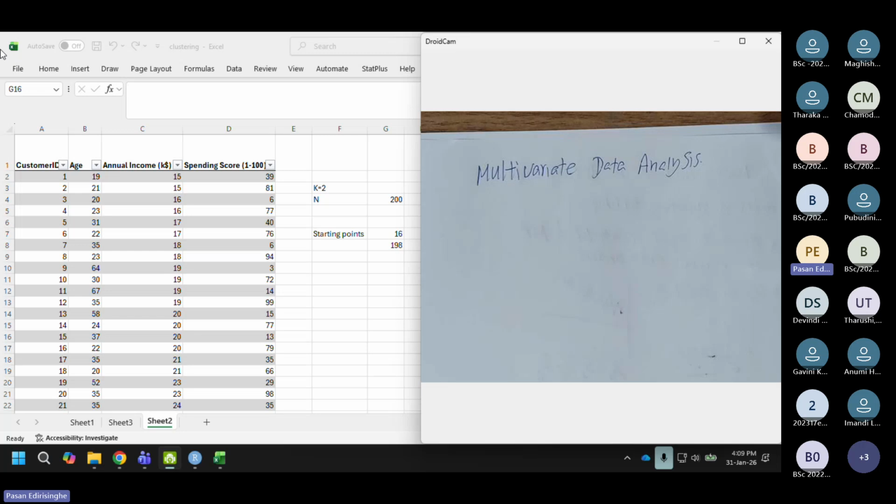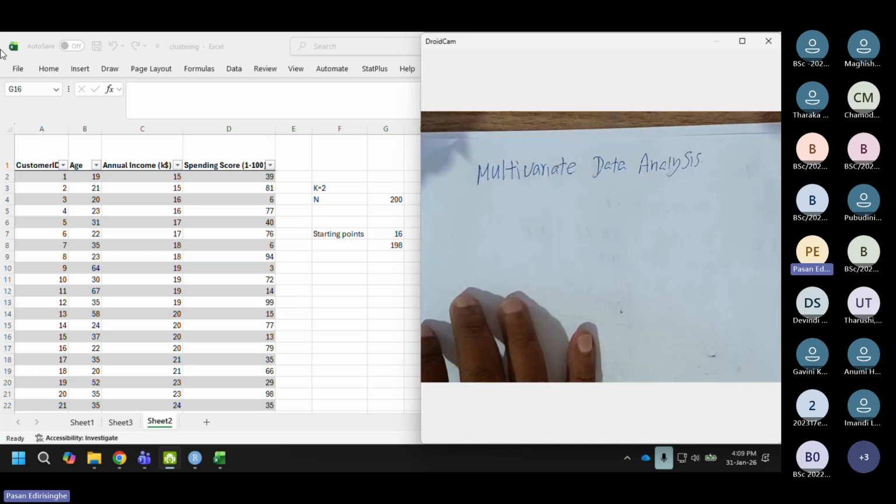Now this is not much related to time series. It is related to regression analysis, right? But now, without worrying about the x variable and the y variable, we are just taking all the variables together and seeing their behaviors together, right?